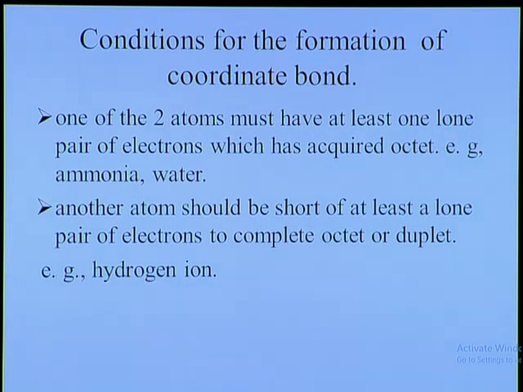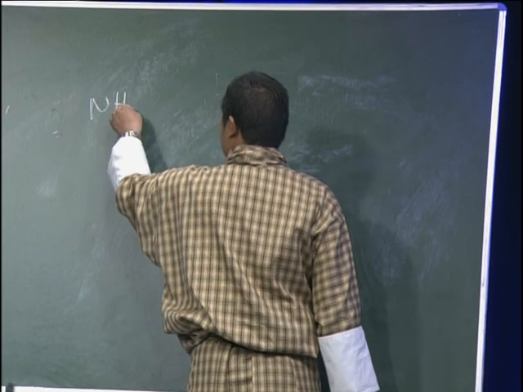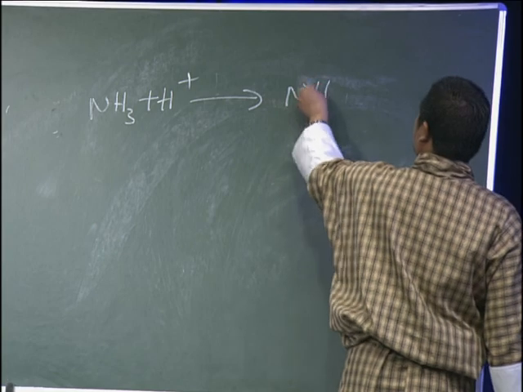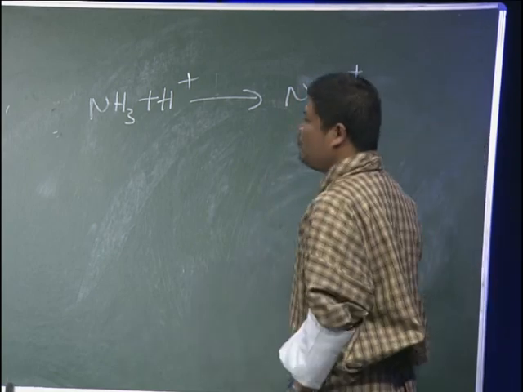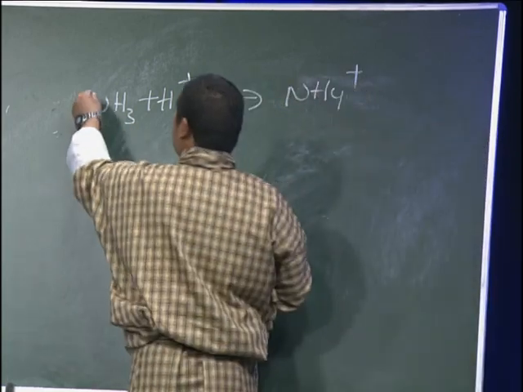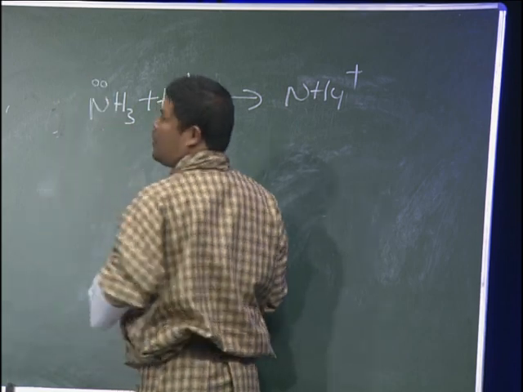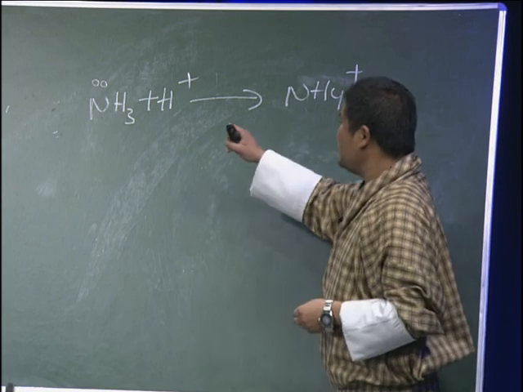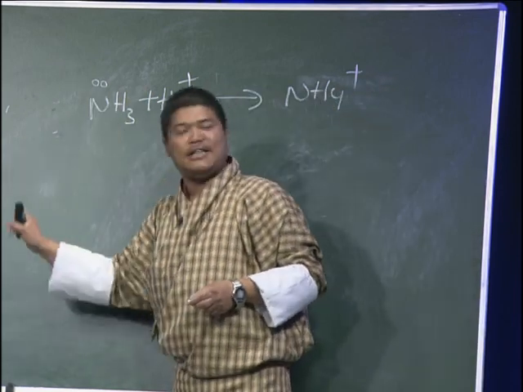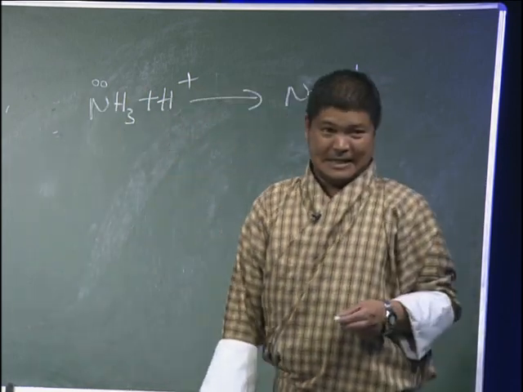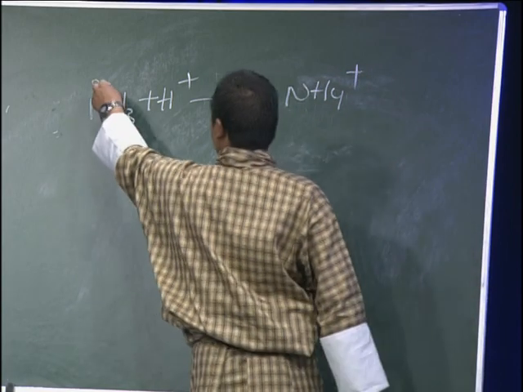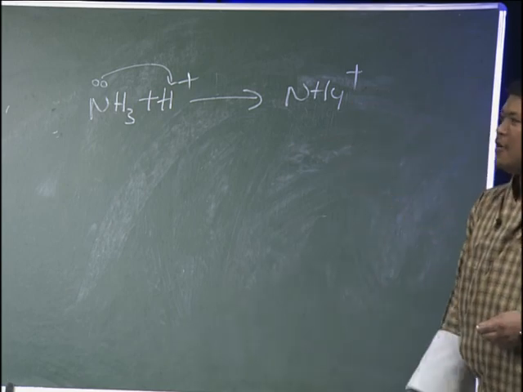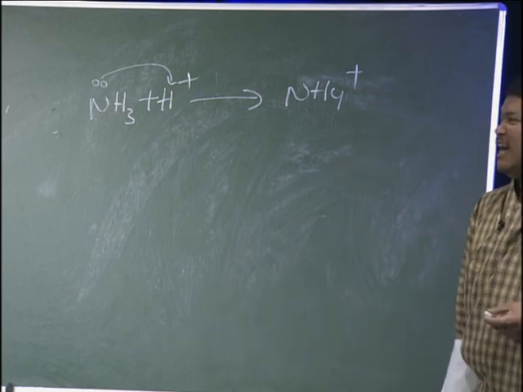In the formation of the ammonium radical, we saw that the nitrogen in the ammonia molecule has a lone pair of electrons, and this nitrogen has already attained the octet state, so this lone pair can be donated to the atom or ion which is in need of electrons.